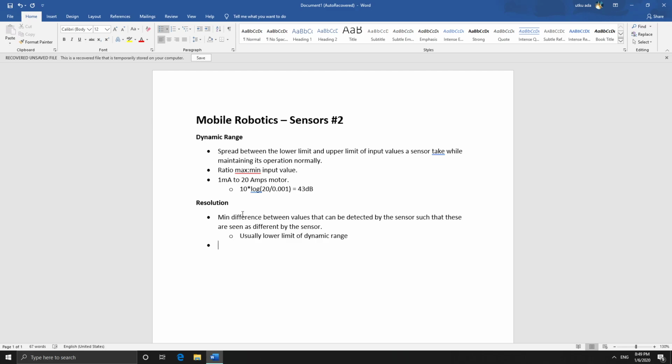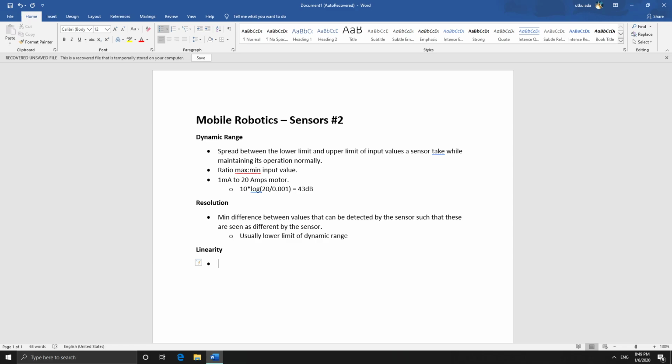And after this, we have linearity. And these are all characteristics that we need to know about sensors. So linearity governs the behavior of sensor output signals.